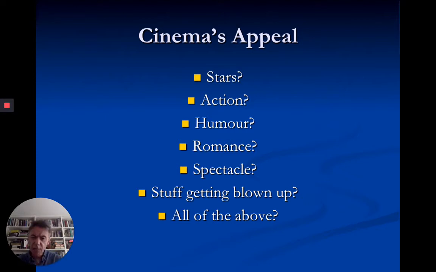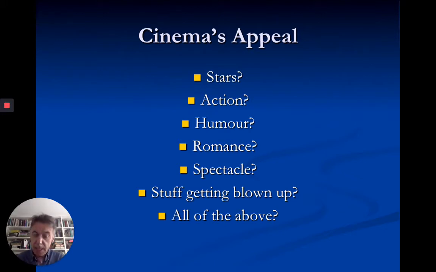Those elements are often compressed into trailers, but they don't necessarily explain how the film that they're trailing works as a cinematic experience. So I think we need to find something that ties all of these elements together.